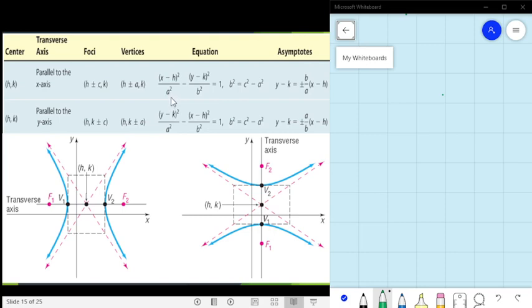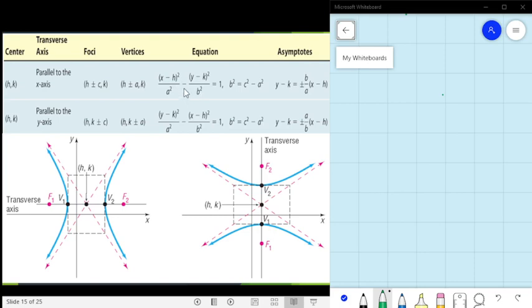So mahibaw-an na nimo karon ang asa ang parallel, kay mo parallel to x-axis mag-una jud maoy positive ang x minus h, whereas if your transverse axis is parallel to the y, so your y minus k squared will be your positive, and negative na karon si x minus h. Okay, ang dire positive ang h, my x minus h, and then negative ang y minus k.